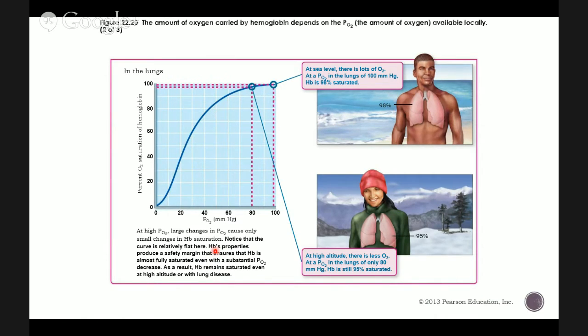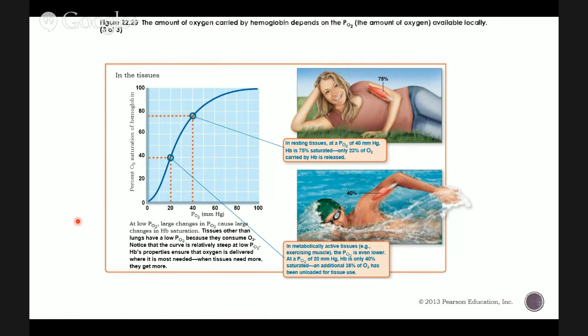So at high altitudes, the partial pressure in the lungs of only 80 millimeters mercury is still a high saturation. Okay? That's what they're trying to show you here. So if we have resting tissues and we're at that 40 millimeters mercury, we see the 75% saturation.